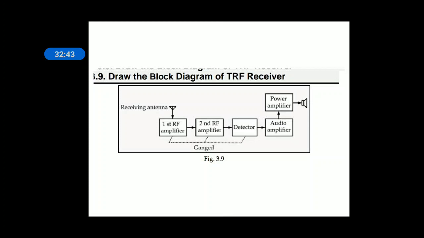The amplifiers are of two types. One is audio amplifier, which increases voltage level only, whereas power amplifier increases both voltage and current, that is power. Loudspeaker converts your electrical signal into sound signals.